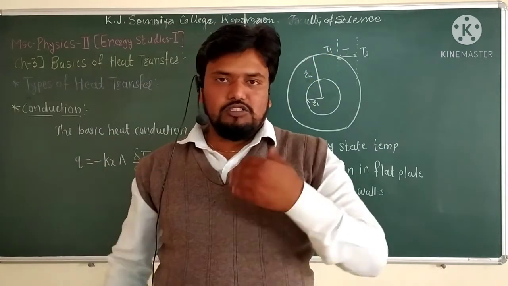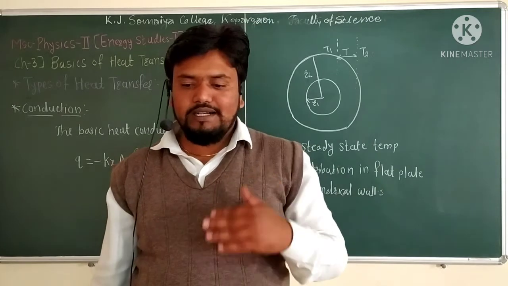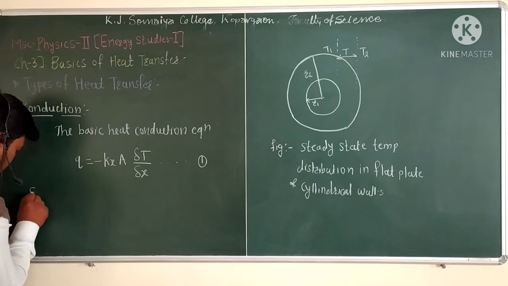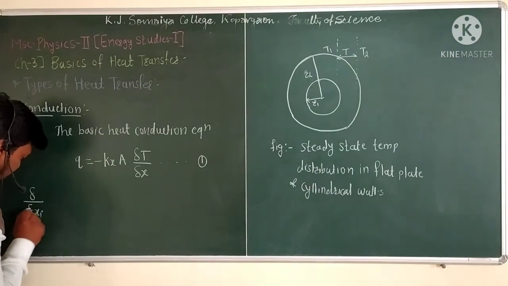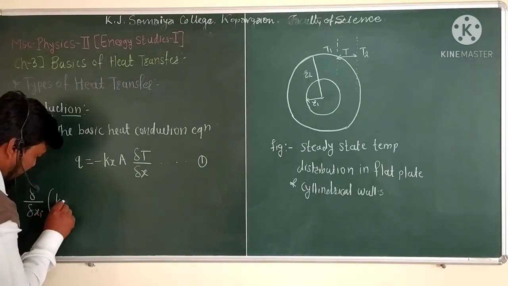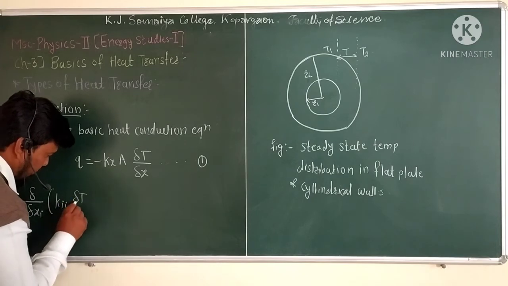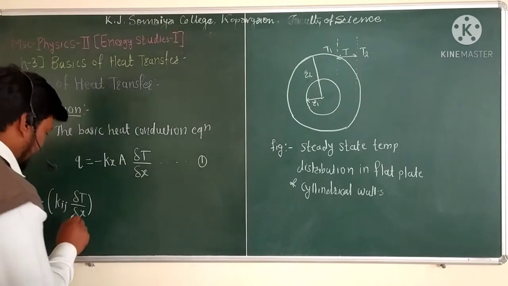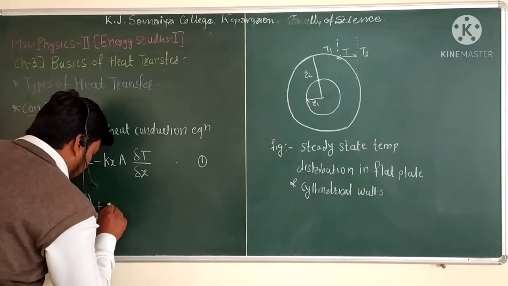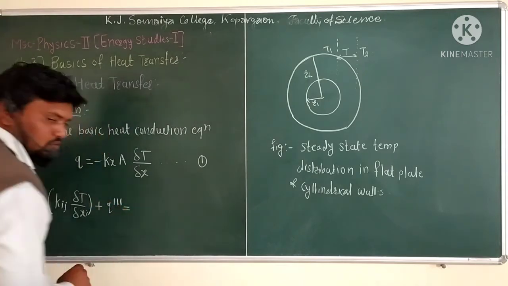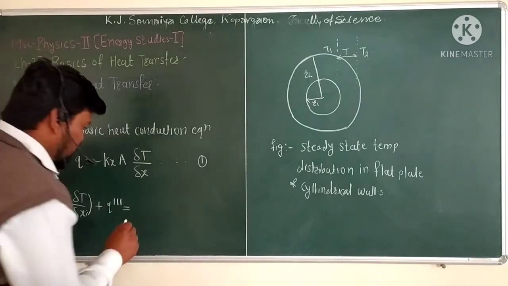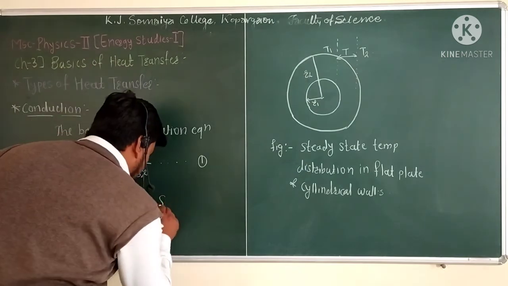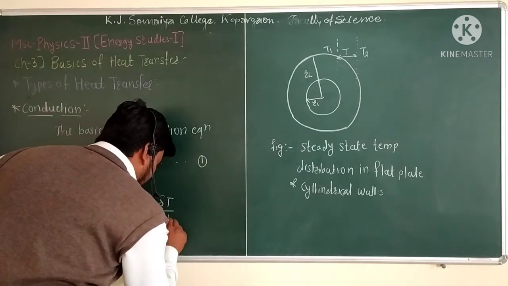The solution of the above equation, which we already saw in the last lecture, is given by del by del xi into K of ij del T by del xi plus q triple prime is equal to rho into Cp into del T by del t.